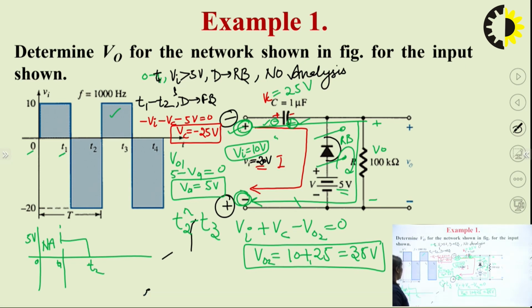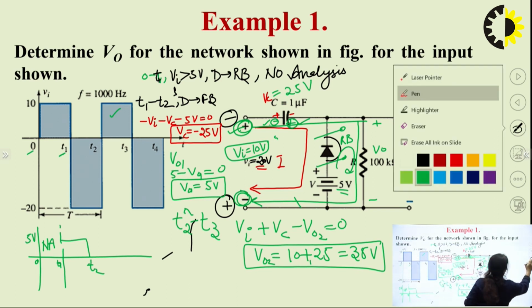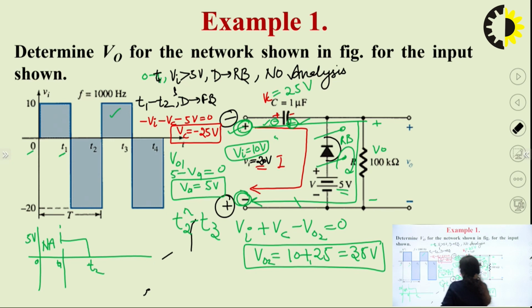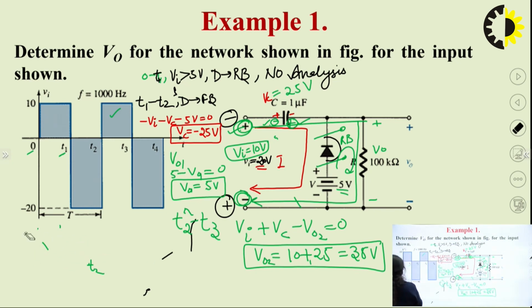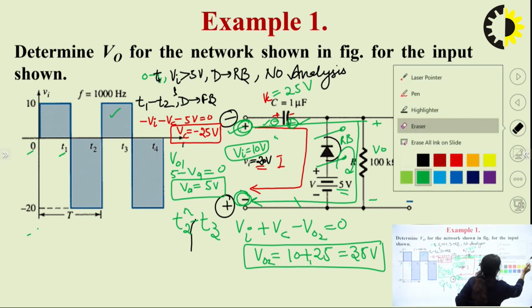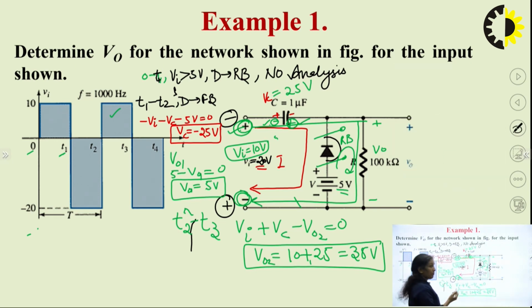And for T3 to T4, I should redraw it in a better manner. I would like to draw this on the input signal itself, so it will give you more clarity. So let us draw with the red pen.